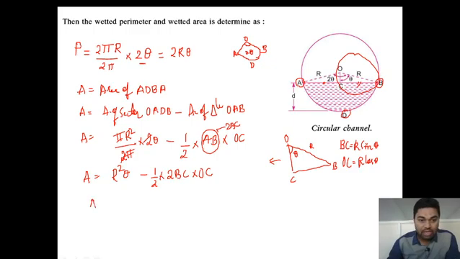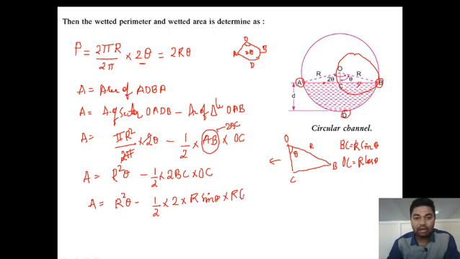It becomes A is equal to r square theta minus half into 2 into BC, r sin theta, into r cos theta.